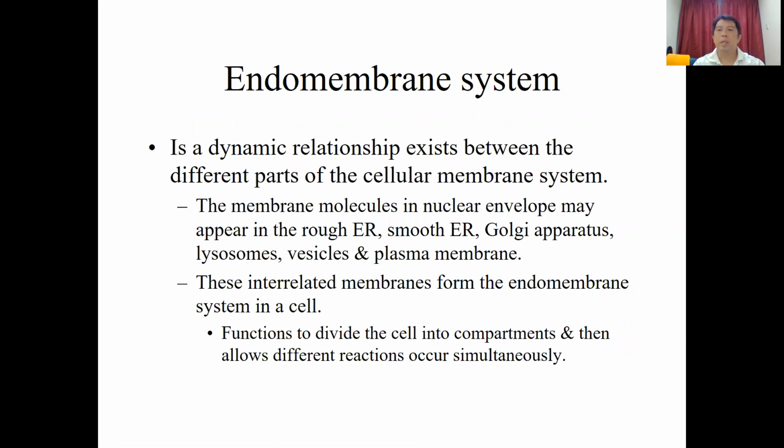Okay, before we start the ER, we must know what the endomembrane system is. The endomembrane system is a dynamic relationship that exists between the different parts of the cellular membrane system. That means it is about a membrane system inside cells.